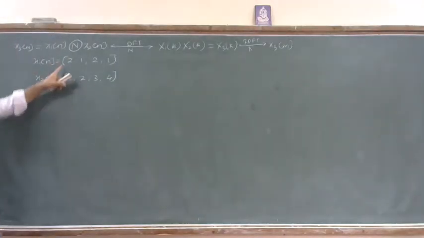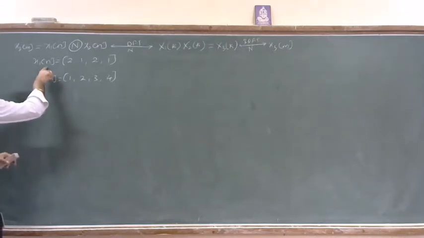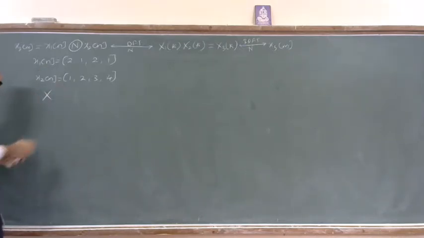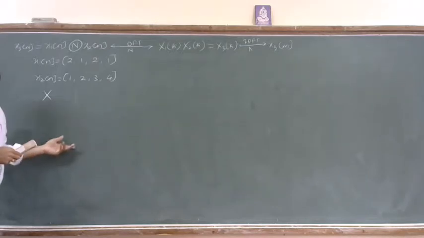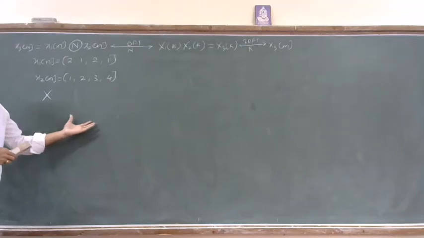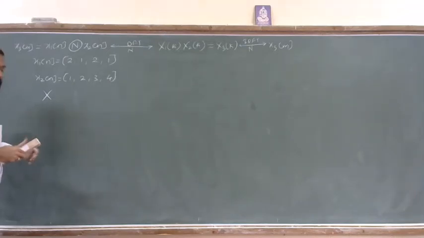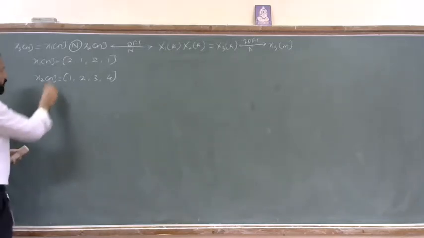On these two 4-point sequences, you need to apply the 4-point DFT. Applying the 4-point DFT can again be done in two ways: either by the matrix method or by using the conventional DFT expression. But using the DFT expression is always helpful; it will be easier compared to the other one.